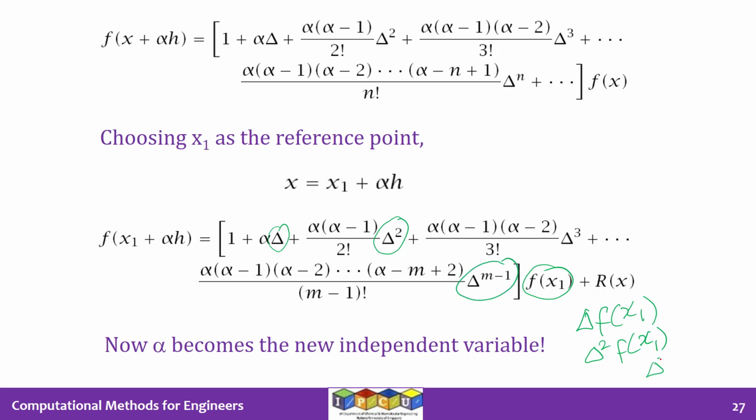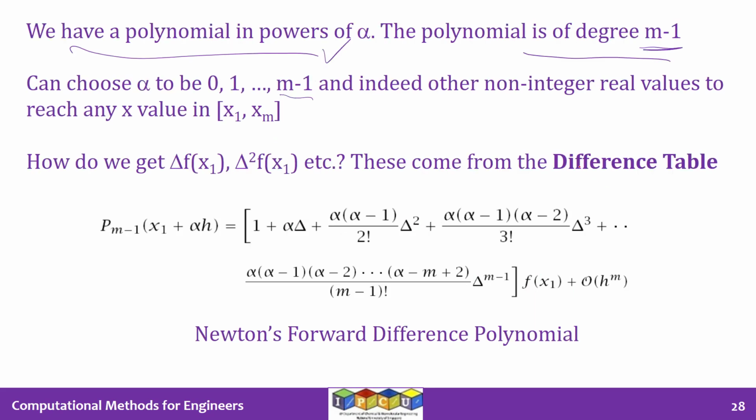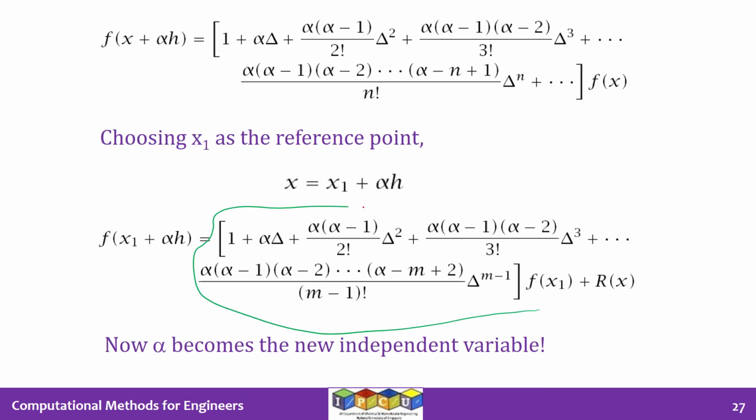We also have delta to the power of m minus 1 f of x1. How do we get these values? We will construct a difference table, very much like the divided difference table we constructed for the Lagrange polynomial. So this one is the m minus 1th order polynomial in alpha.